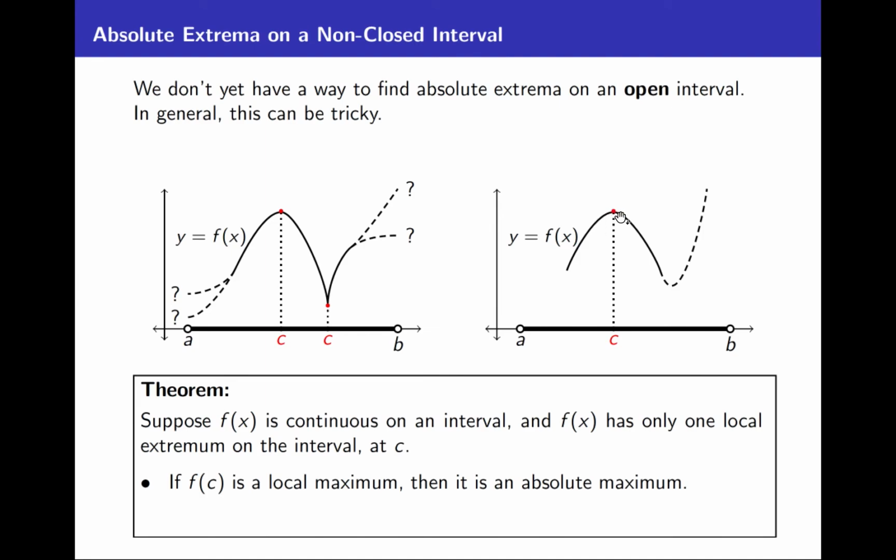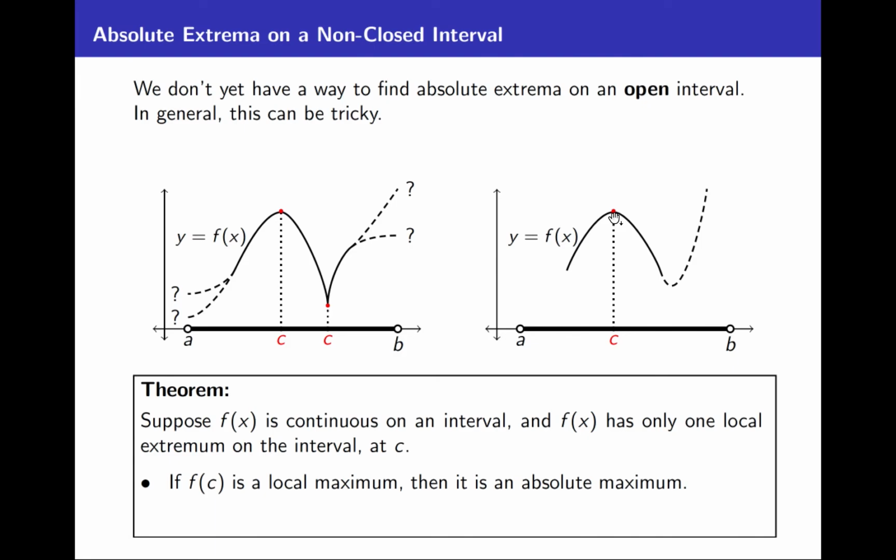Say it's right there. And as stated here, it's the only local extremum of this function on the interval. And the theorem is claiming that that local maximum is an absolute maximum.